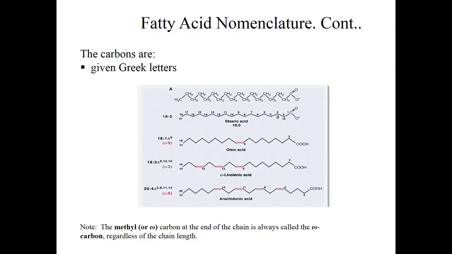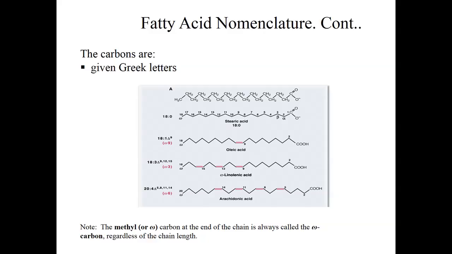All right? So now, there is another nomenclature that starts with the methyl end, okay? So the methyl end, as you see here, is the omega 1, 2, 3, 4, and so forth. So as you can see, look at this one, for instance. It's telling you the double bond position is at number 9. But if you look at the omega end, omega 1, 2, 3, 4, 5, 6, 7, 8, 9.